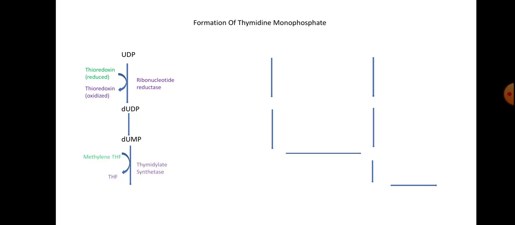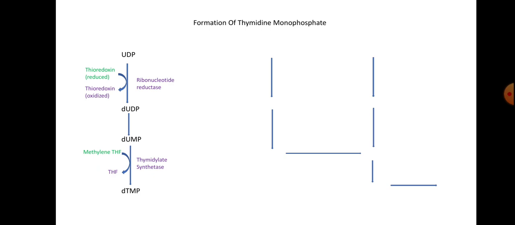This methyl will be provided by the methylene tetrahydrofolate by the enzyme thymidylate synthetase. dTMP, or thymidylate will be formed. Thymidine monophosphate, deoxythymidine monophosphate is formed, and tetrahydrofolate is demethylated.